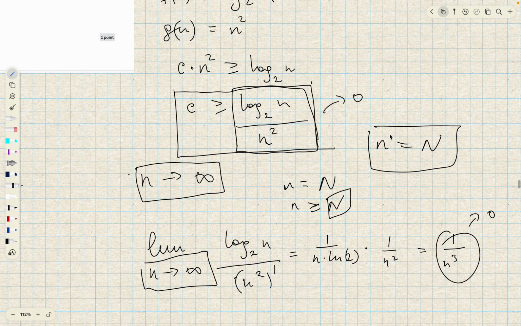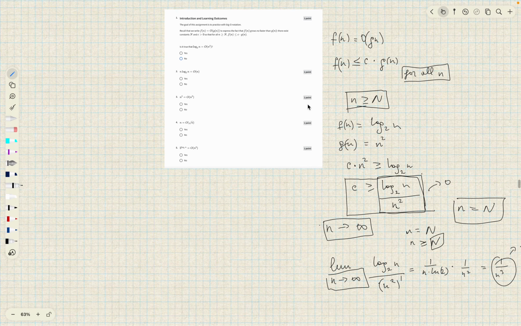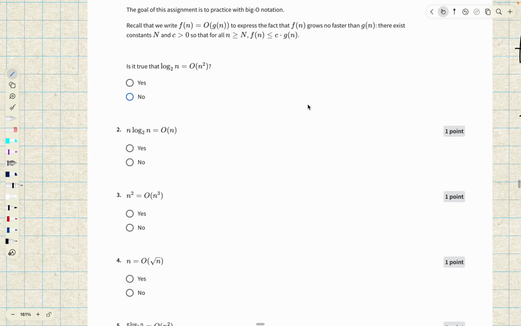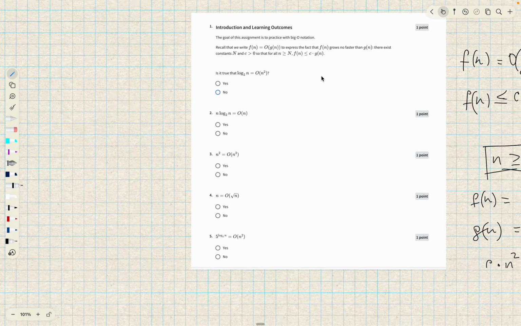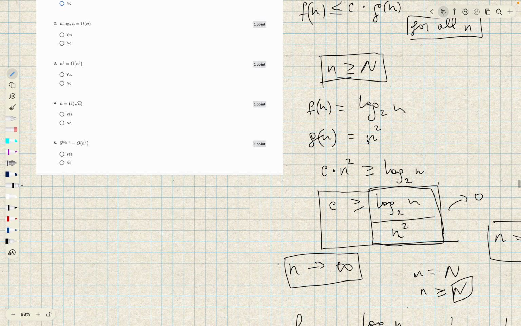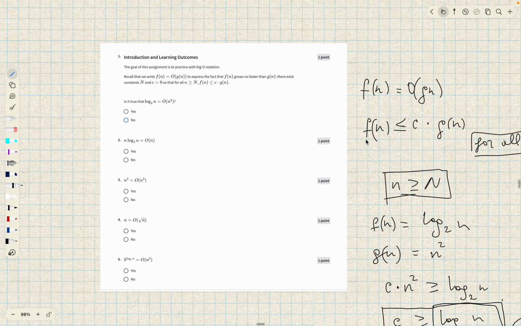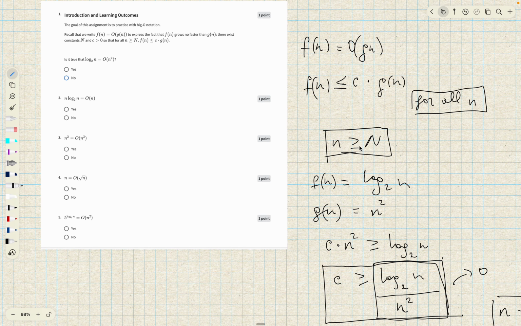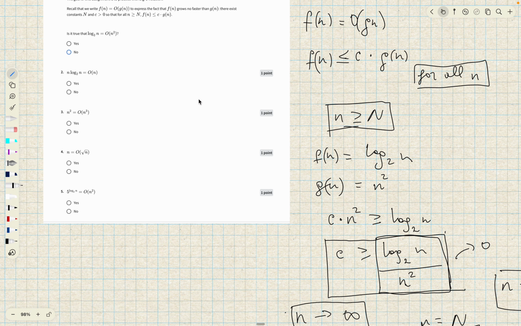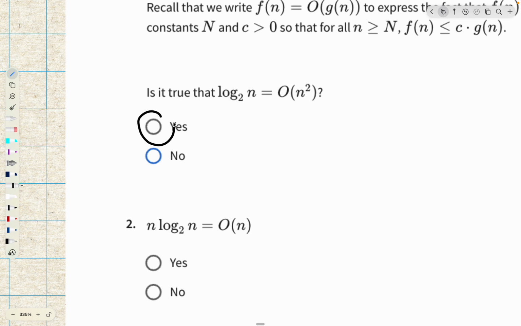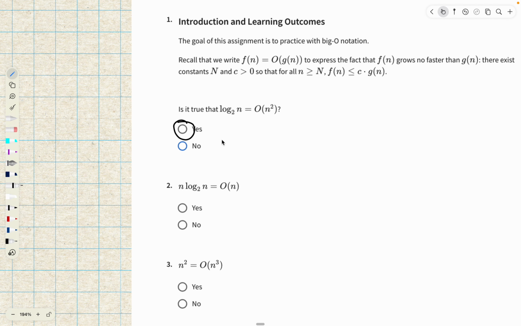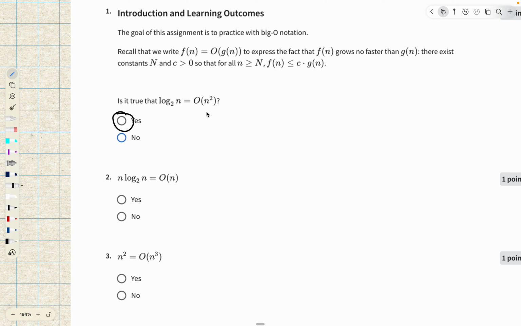So this is what n0 is, and for this function we can say that yes, this is the big O of n squared.